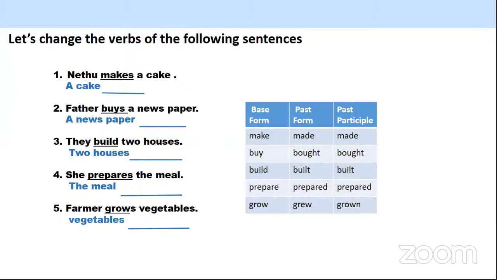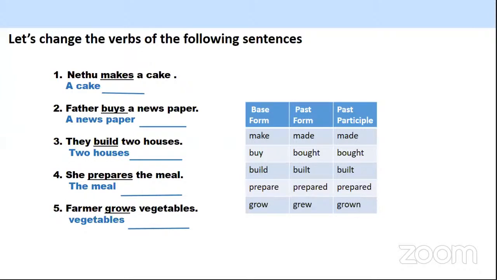Once again, take your book, open it. Your writing book, you have written these words, I think. A cake, a newspaper, two houses, the meal, vegetables. You have written those words.